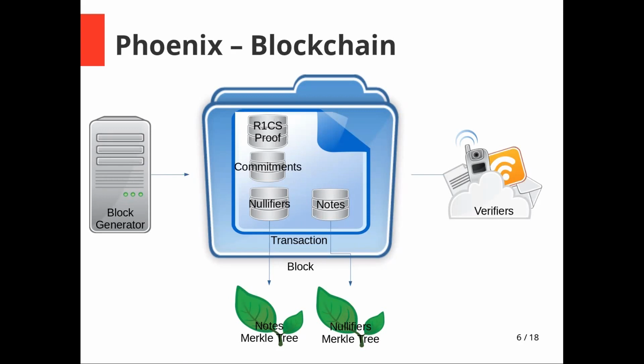And this block will be available for verifiers as it is. So any verifier can get this data and execute the verification of the proof, and he would not need anything else. This is the only data he needs to verify if the transaction is consistent or not. So when the block generator proposes a block, anyone from this data can validate the consistency of this block.